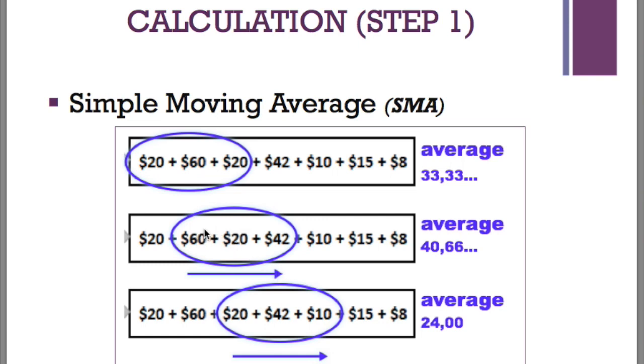So now we look at these 3 values. What's the average? 40.66666 and so on. We go again one step to the right. Now we look at these 3 values. 20 plus 42 plus 10 is 72 divided by 3. So the average is 24. It moves in time, it moves in space.